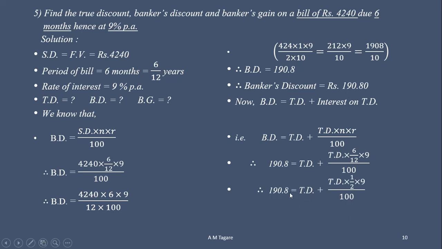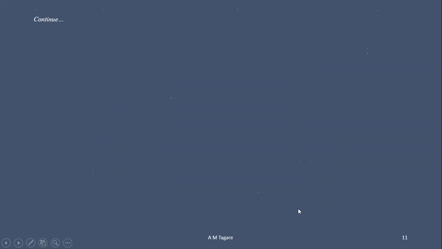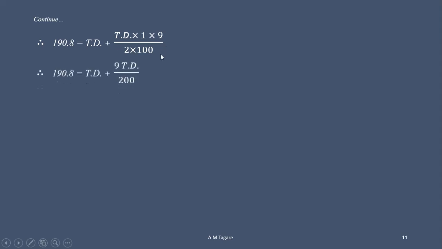So we get 190.8 is equal to true discount plus true discount into 6 upon 12, which is 1 upon 2, into 9 upon 100. Simplifying this, we get 190.8 is equal to TD plus 9 times TD upon 100 into 2, that is 200.